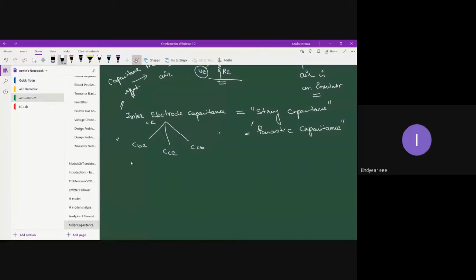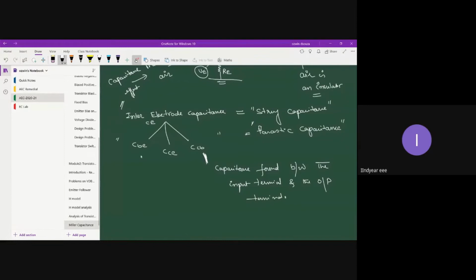Now, the Miller effect capacitance is nothing but the capacitance which is the largest amongst the three. So that is this capacitance, base to collector capacitance, or the capacitance found between the input terminal and the output terminal.